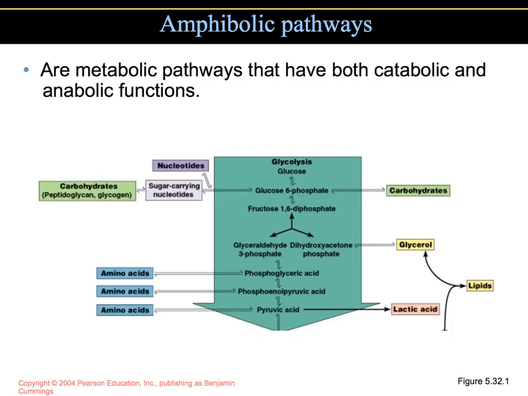Amphibolic pathways enable simultaneous reactions to occur, and metabolism is just integrated within this. The double arrows show the amphibolic pathways, as you can see here, circling a few. So again, the amphibolic pathways allow for both anabolism and catabolism.